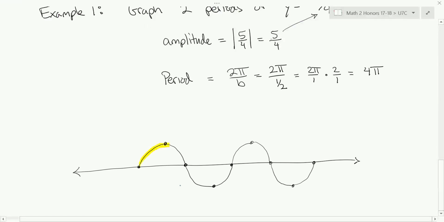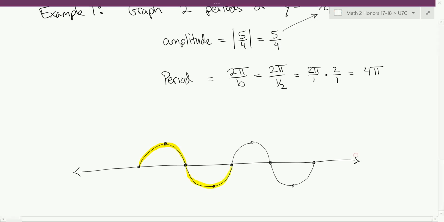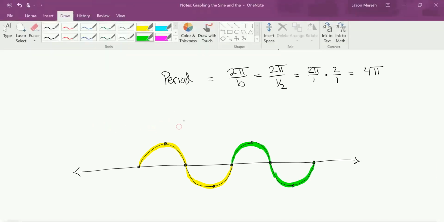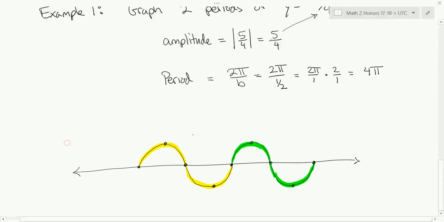First pattern is right here in yellow. The second period of that function just repeats that. I'm going to put the y-axis on here. Okay, y-axis goes through x equals 0.